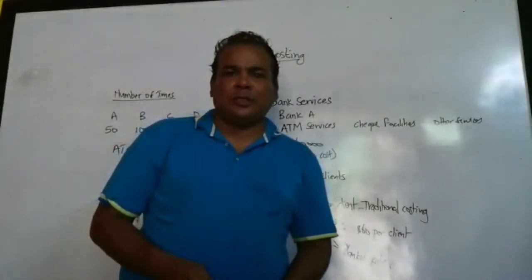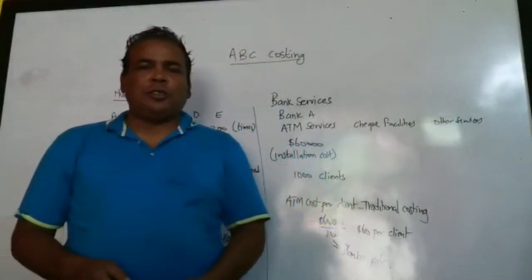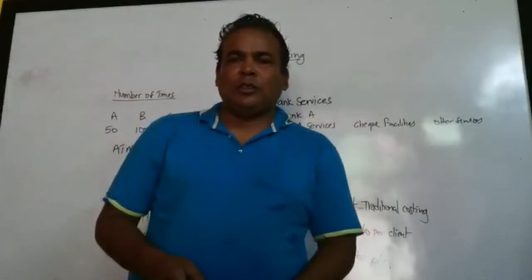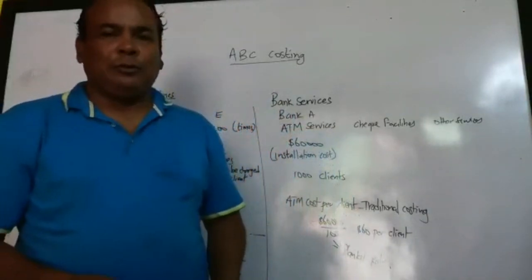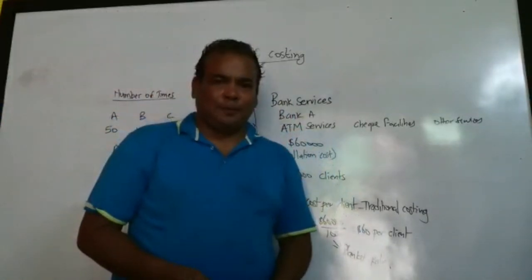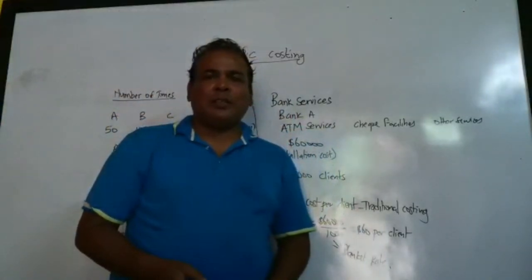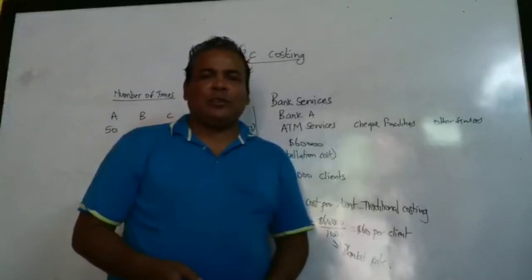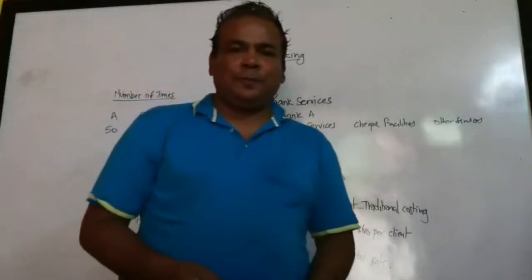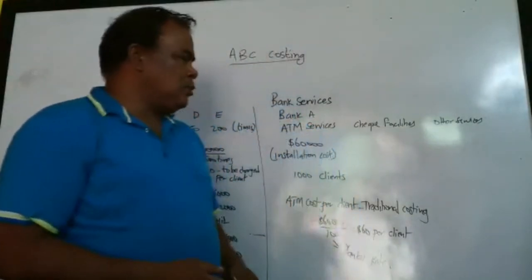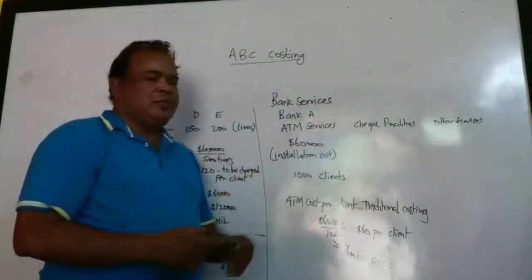And all services will be charged to the customers. No services will be given free. The customers will have to pay for these services. If the bank is providing a standing order service to a client, the client will be charged for this service.